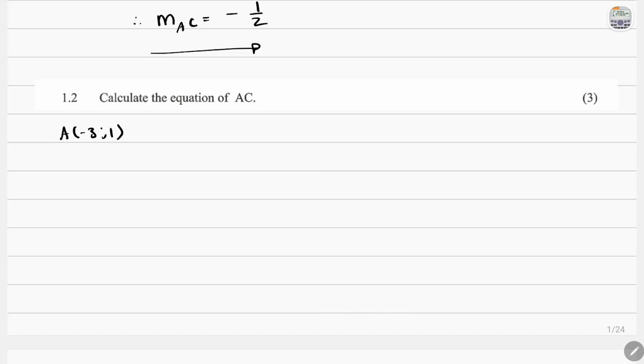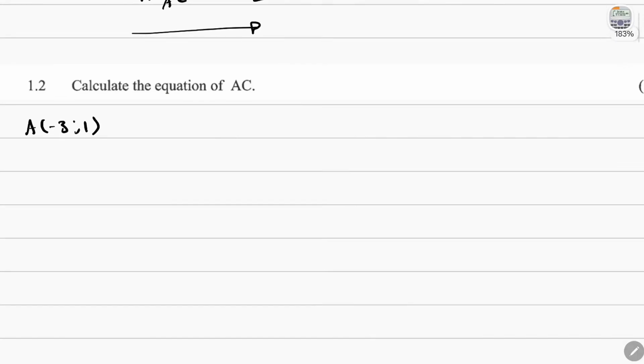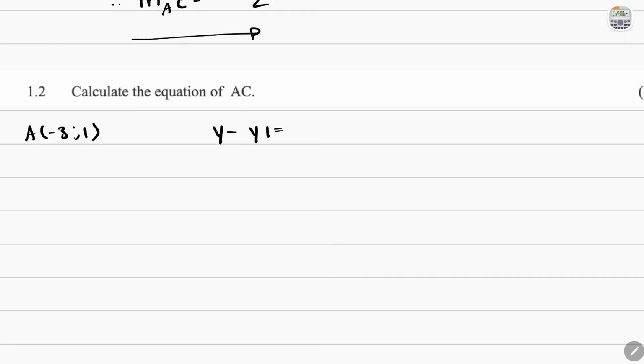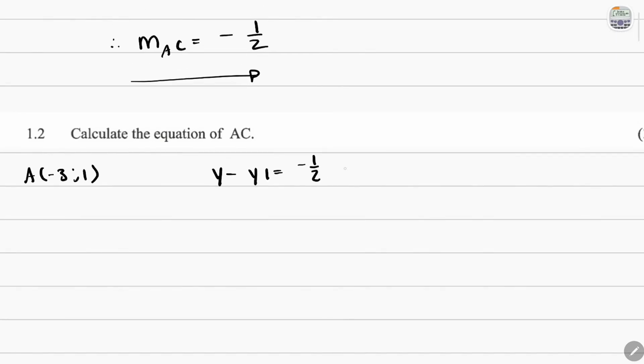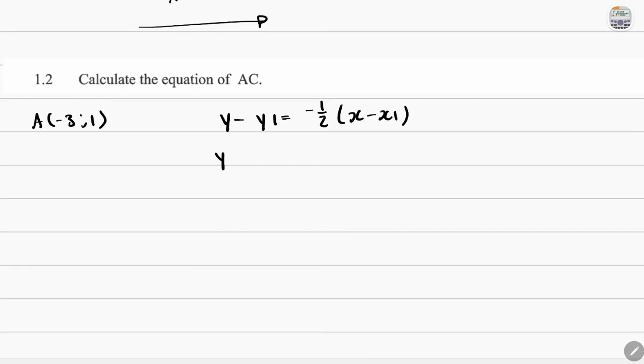You can use y equals mx plus c, or you can use this formula: y minus y1 is equal to your gradient, negative 1 over 2, times x minus x1. Then we just substitute. x1 and y1 are the coordinates of your point. So y minus 1 is equal to negative a half times x minus negative 3. Minus negative 3 just becomes plus 3.